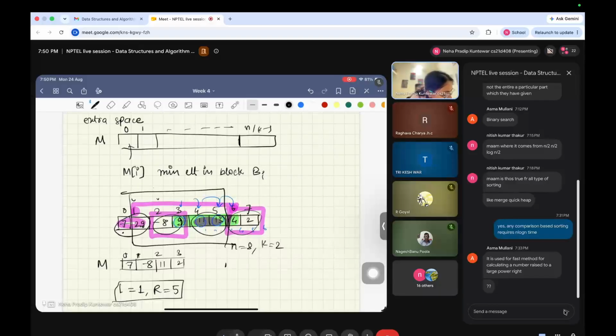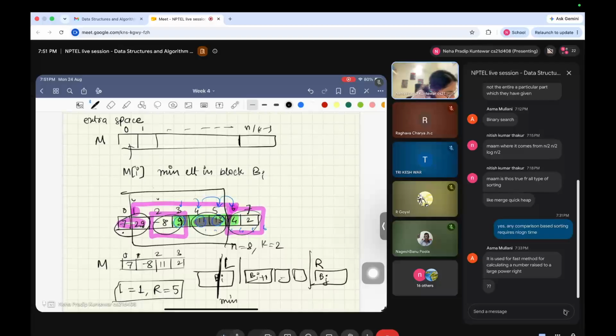Let us pictorially see this. So if L is here, R is here, then you visualize this in terms of blocks. There may be many blocks in between, and R may be in some other block. So I'll call this b i plus 1 up to b j, let's say. So the minimum has to be between L to this value.